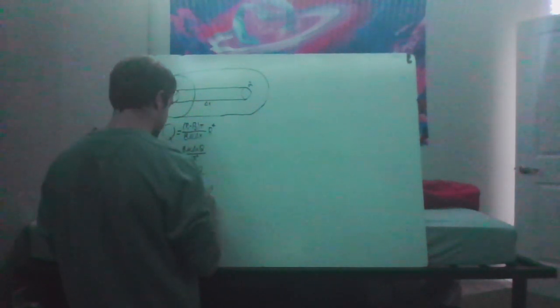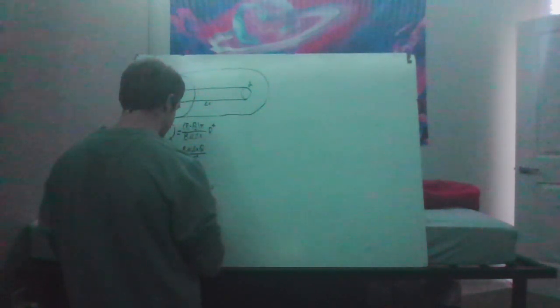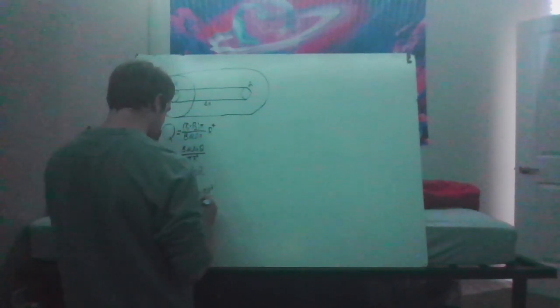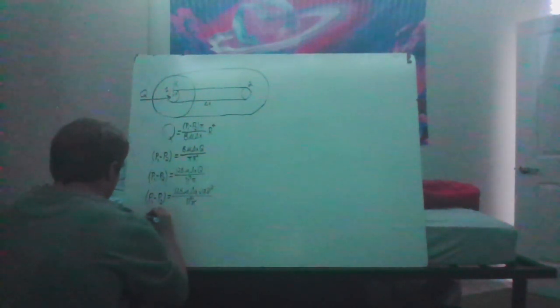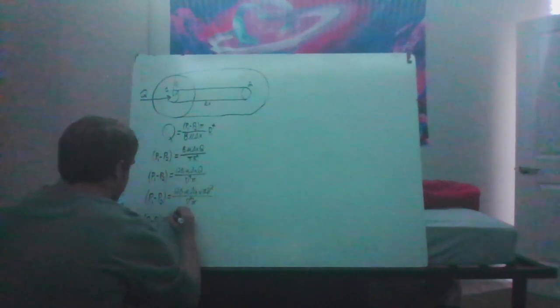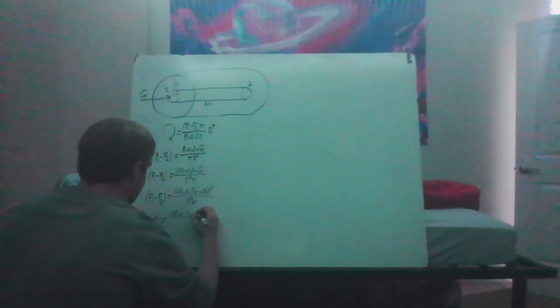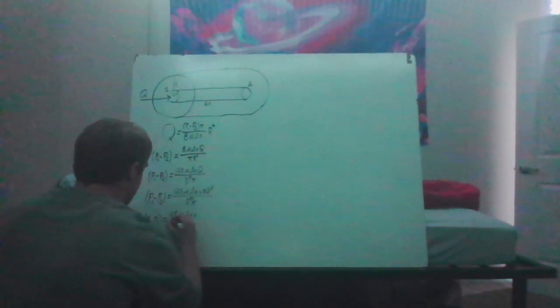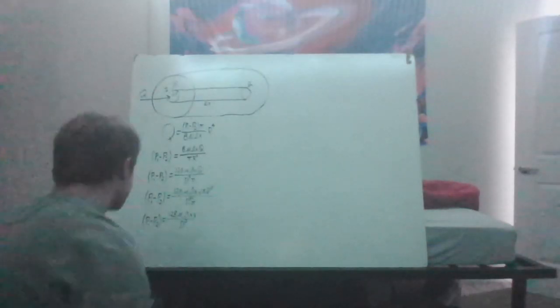And you'll notice that these pi's will cancel, and then the d's will cancel. And we will end up with P1 minus P2 is equal to 128 mu delta x v over d squared.